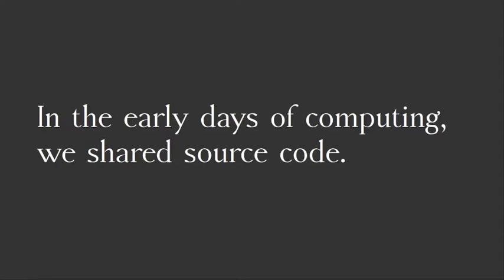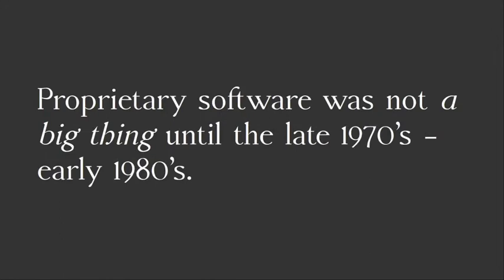We looked at each other's work, we shared each other's work, we improved upon each other's work. And in the early years of software development, this is how software evolved.